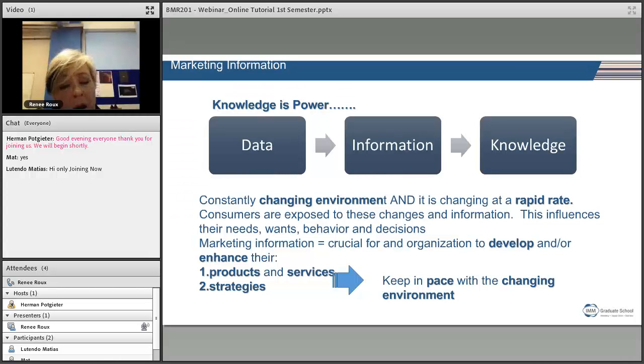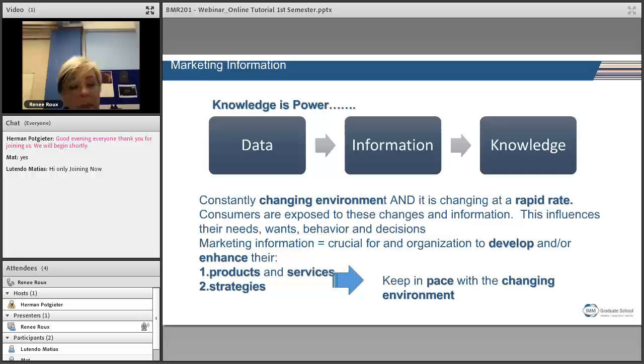And marketing information is information about the consumers. And it's crucial for any organization to have marketing information, because marketing information will enable them to develop and or enhance the products and services that they offer to their customers.